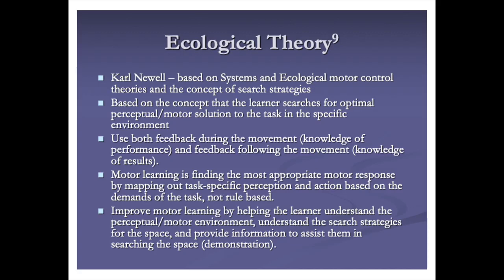The learner will use both feedback during the movement, so knowledge of performance, and feedback following the movement, knowledge of results, to search for this optimal motor output. And so motor learning is literally the task of finding the most appropriate motor response by mapping out very task-specific perceptions that the learner needs to understand and read, and then finding the best action based on the demands of the task.